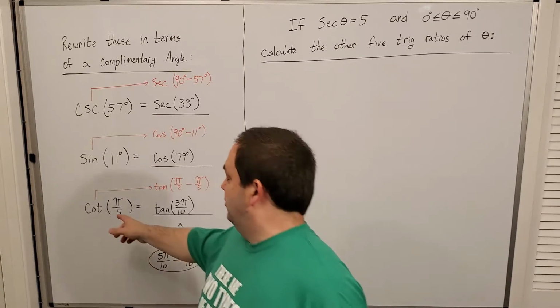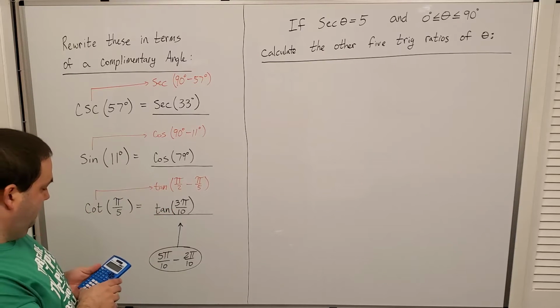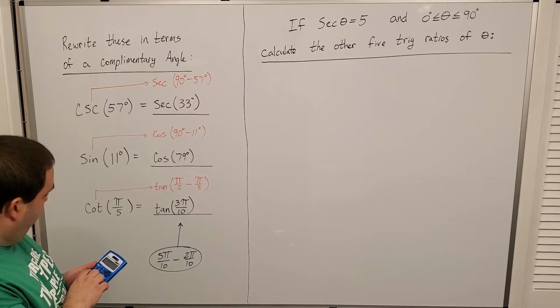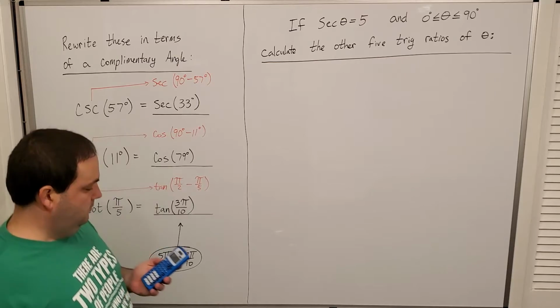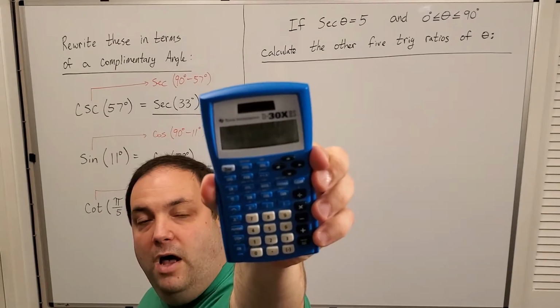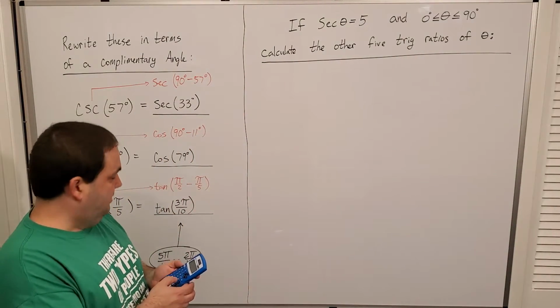Okay? So then to do cotangent, I just need to do 1 divided by tangent. So 1 divided by tangent, and then pi is one of my buttons, divided by 5. Okay? So that would be the cotangent of pi over 5. 1.376.